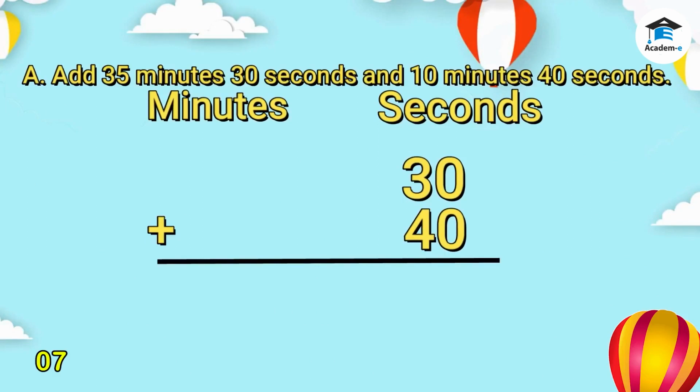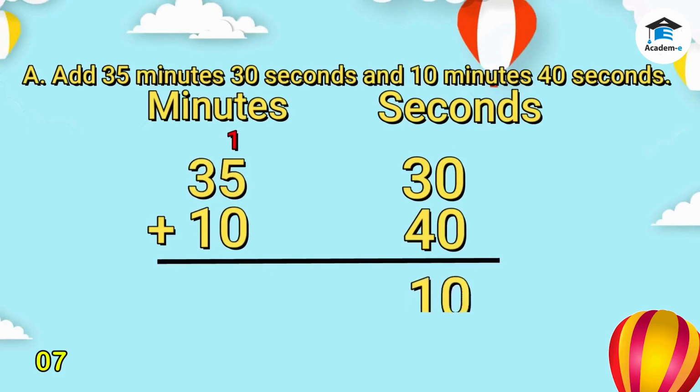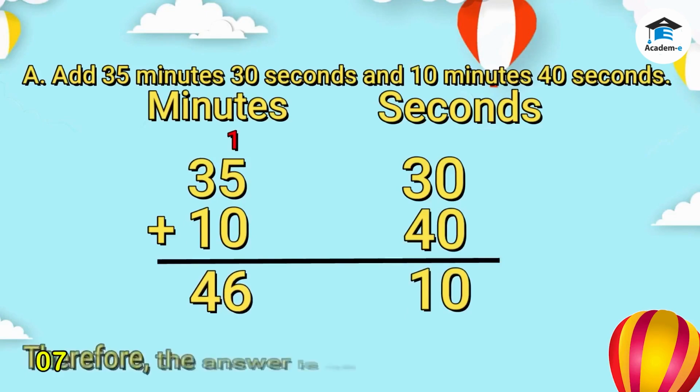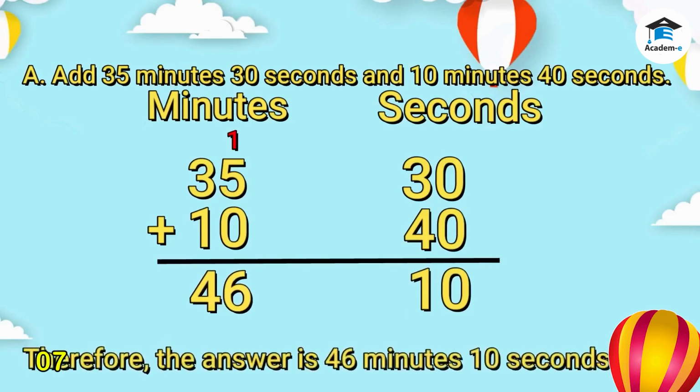So, 70 seconds equals 1 minute 10 seconds. Carry over the 1 minute to the minutes column and write 10 in the seconds column, then add the minutes. That is, 35 minutes plus 10 minutes plus the 1 minute we carried over, which will equal 46 minutes. Therefore, the answer is 46 minutes 10 seconds.